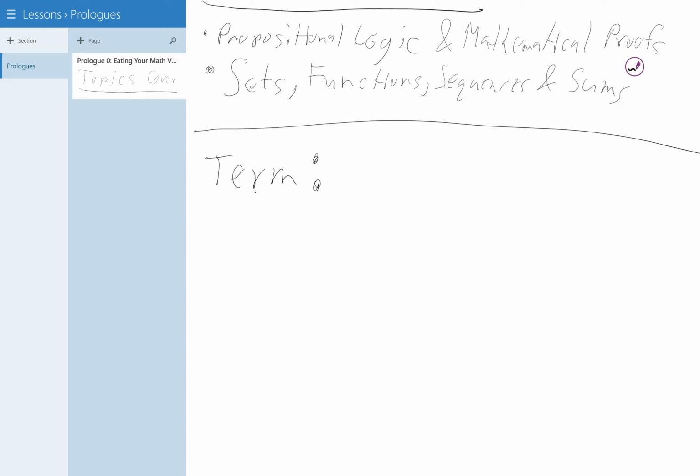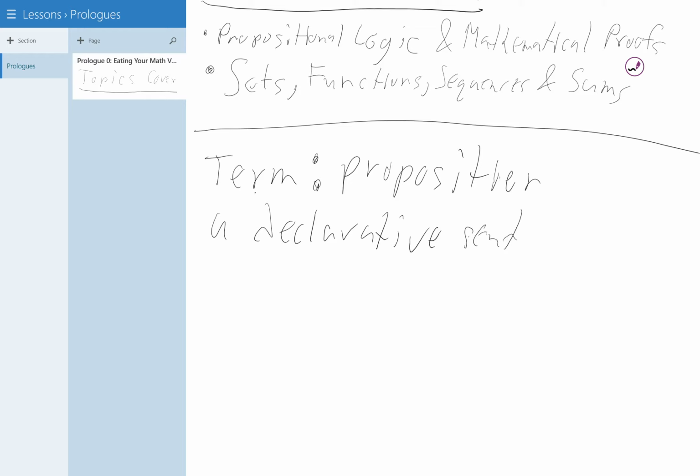So the first term is a proposition. What is a proposition? Well, a proposition is a declarative sentence. What does declarative sentence mean? It's very simple. It means a sentence that declares a fact.